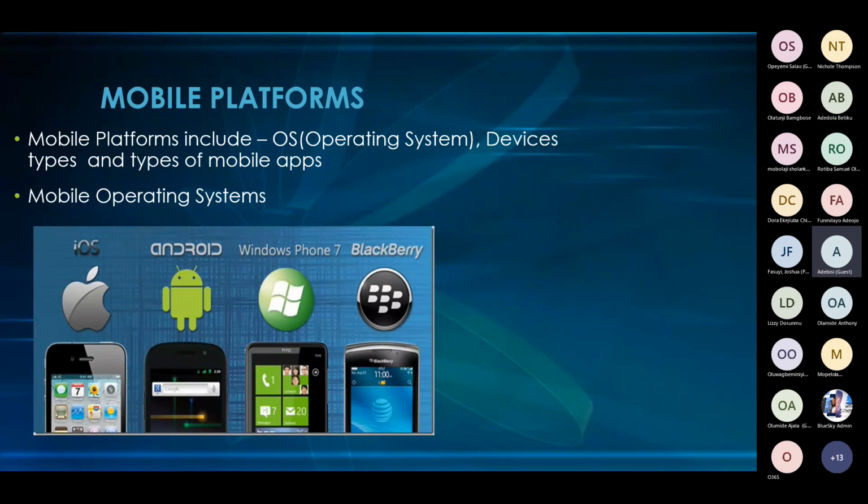Someone like me, because even the developers and testers, just to be precise, we love using Android because it's easier. And when developers are building it, they find it easier to build than iOS, than iPhones.